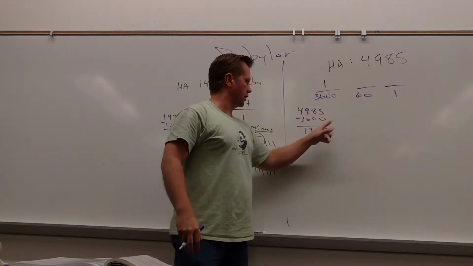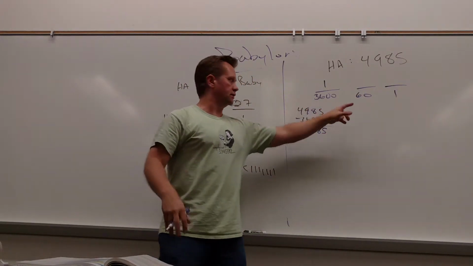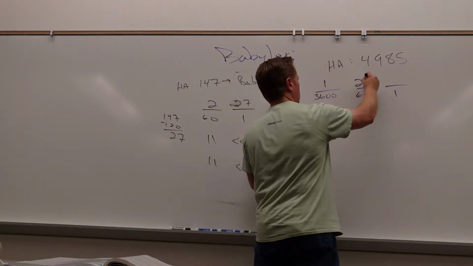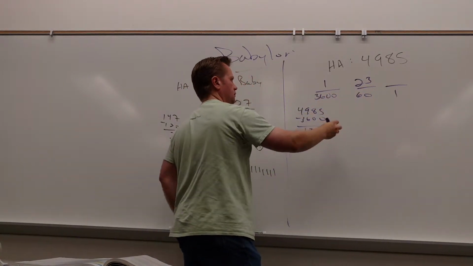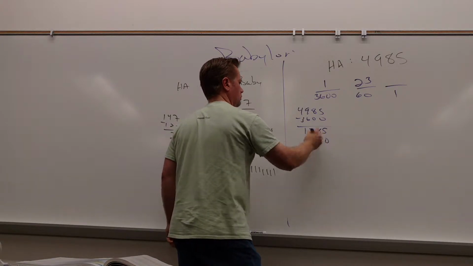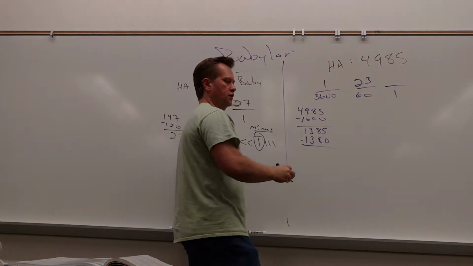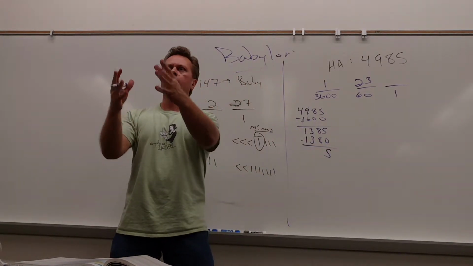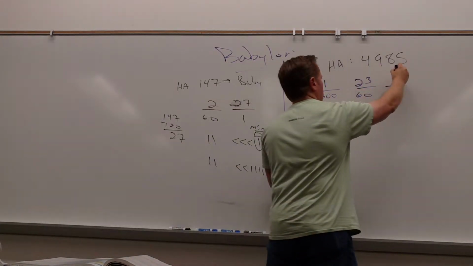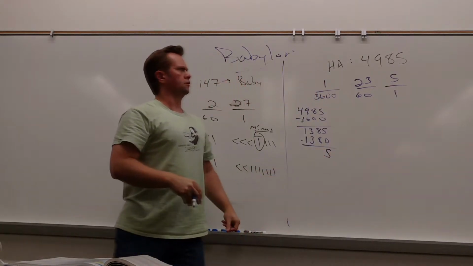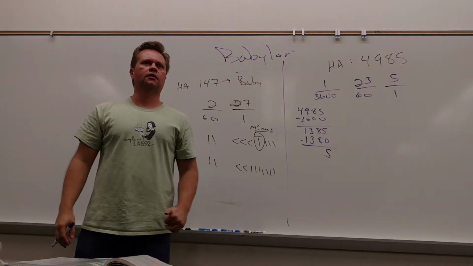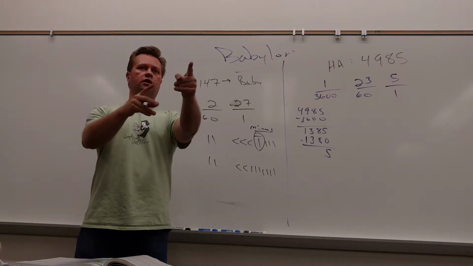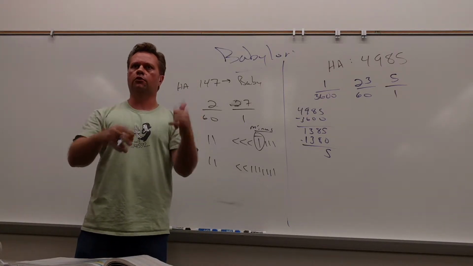Then my next dude says, all right, let me see what I can take care of. 60 goes into 1385 how many times? 23. 23 times 60 is 1380. Good. And then 5. So my littlest dude is like, oh good, there's just a little bit left. So you can actually take care of it. So I need 10 minus 5. Now take a minute and try to write that in Babylonian symbols.